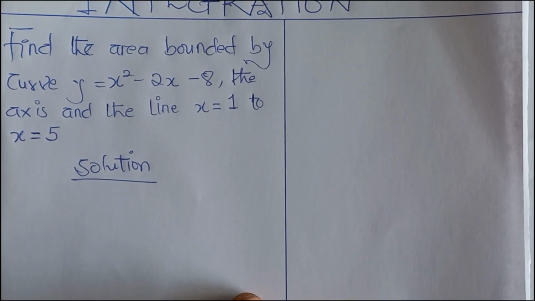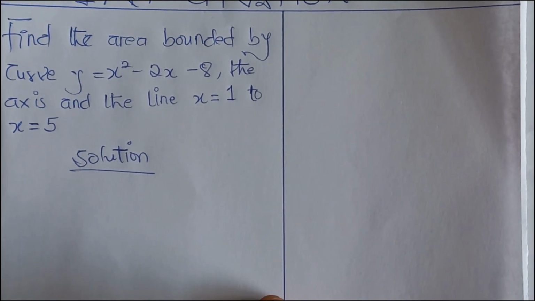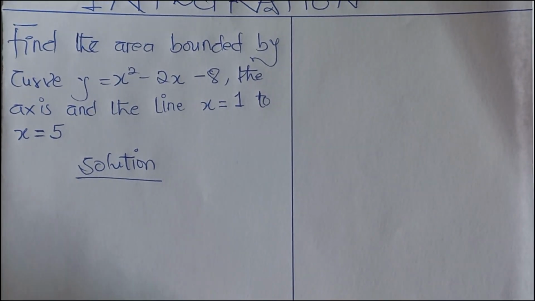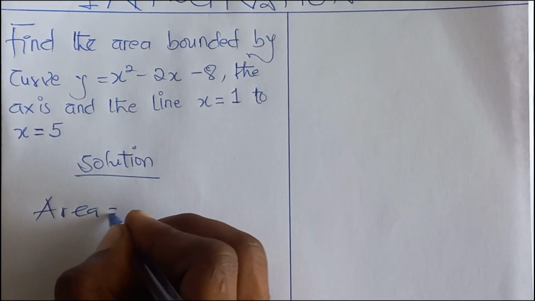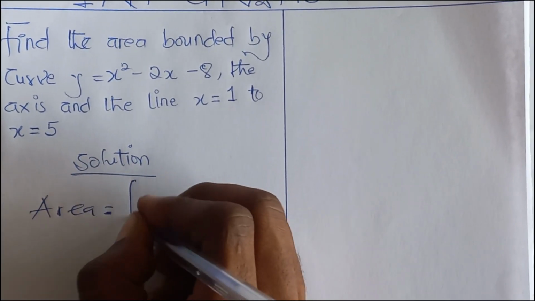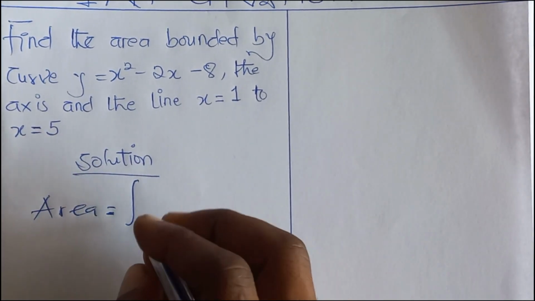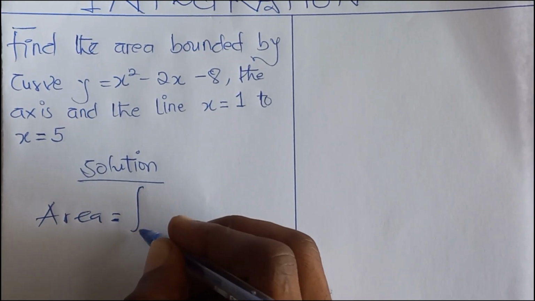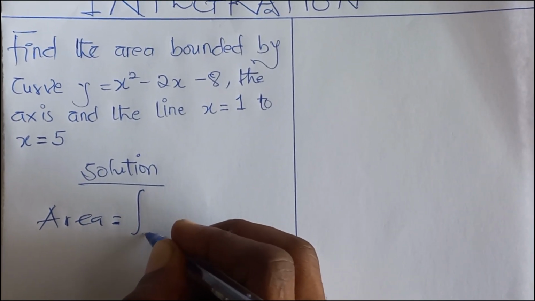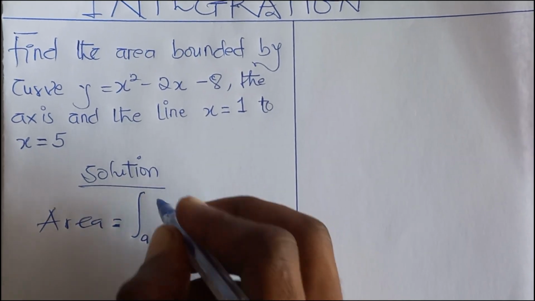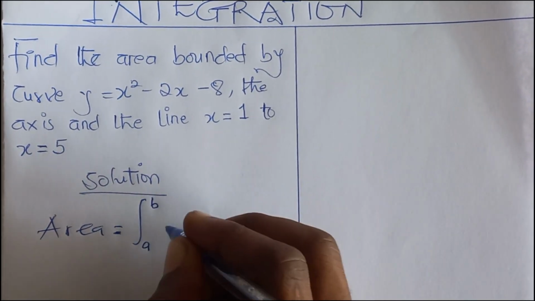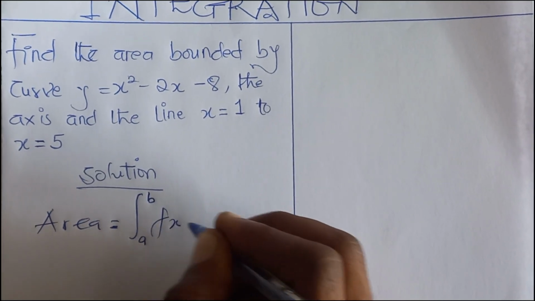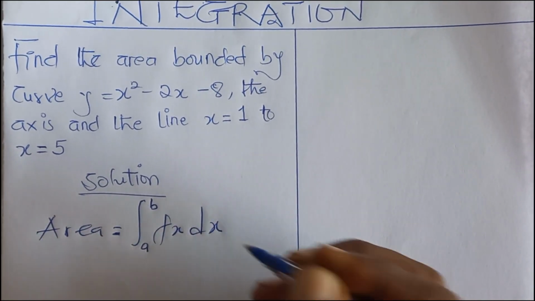Under area bounded by curves, we say that area is equal to the integral, from the initial point or lower boundary, which is a, to the upper bound, which is b, of the function with respect to x.